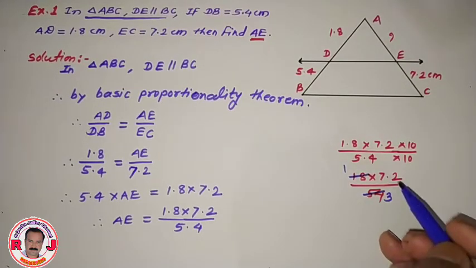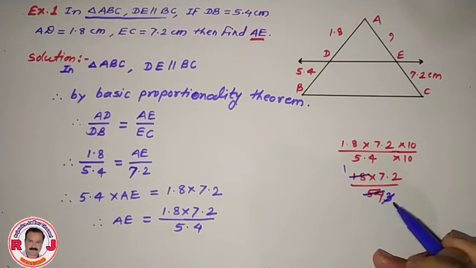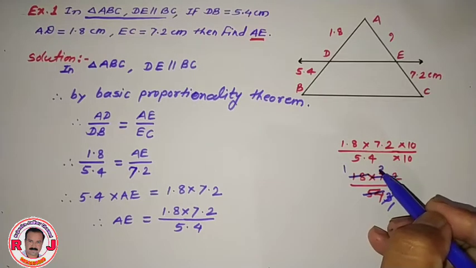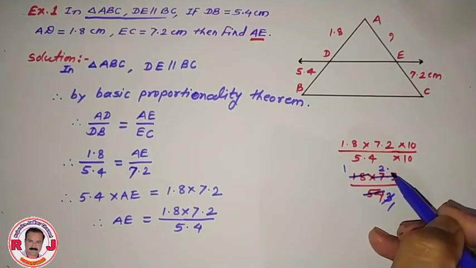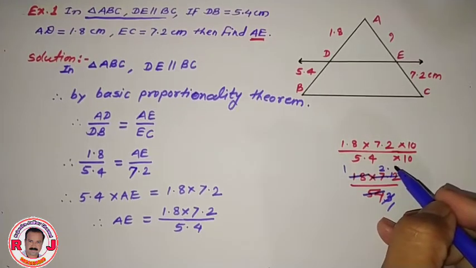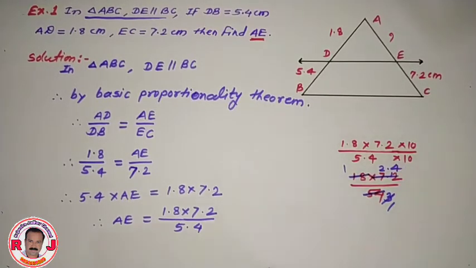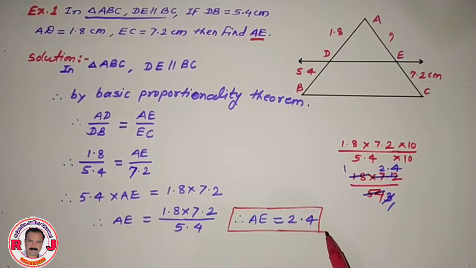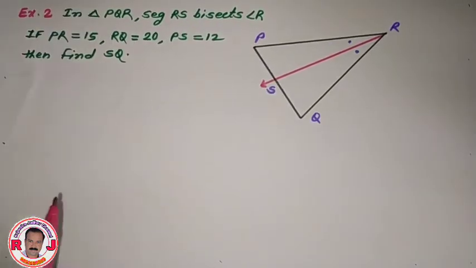Then divide 7.5 by 3: 3 2s are 6, remaining 1, and then 3 4s are 12. The value of AE is equal to 2.5. Let's see the next example.